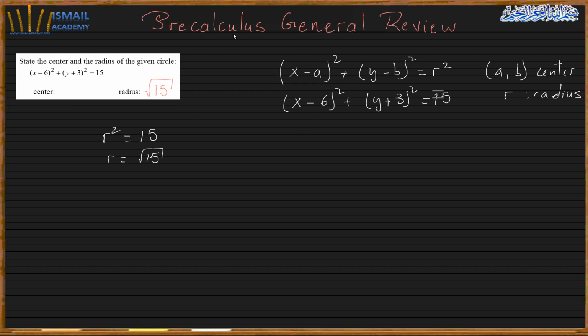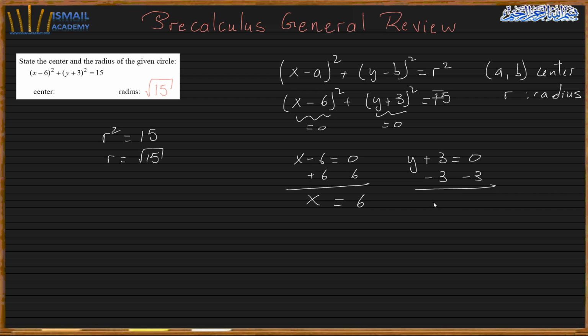Now how can I find the center? I just need to make this expression equal 0 and that expression equal 0, not equations but expressions. In that case I will get my center.